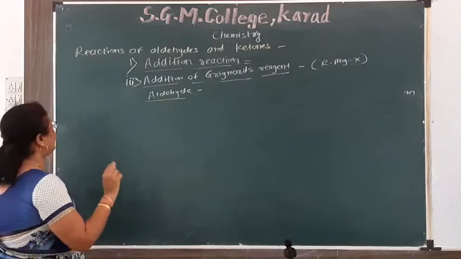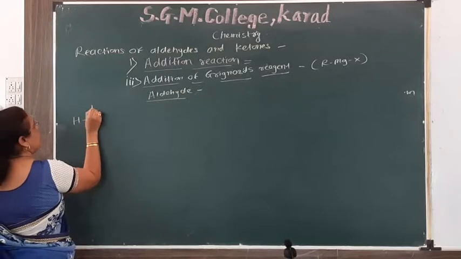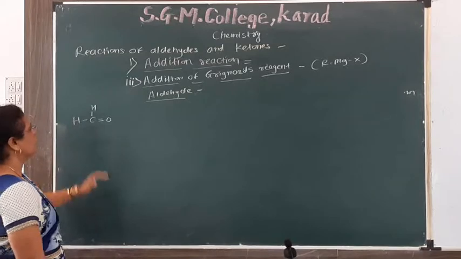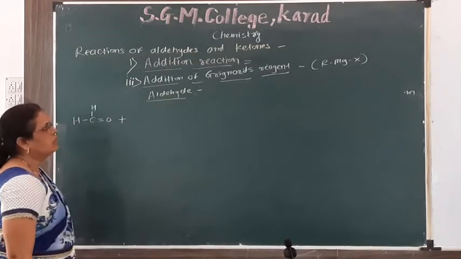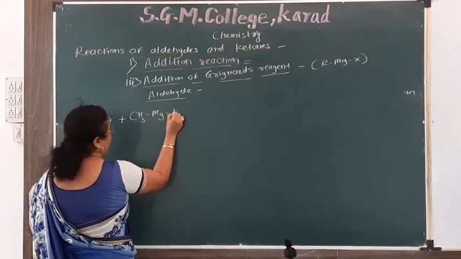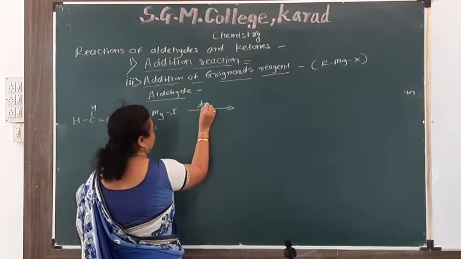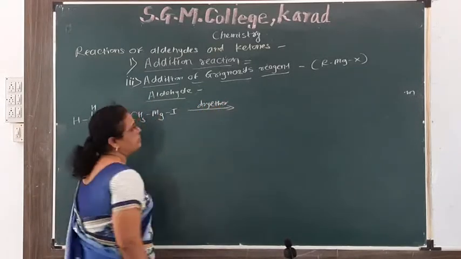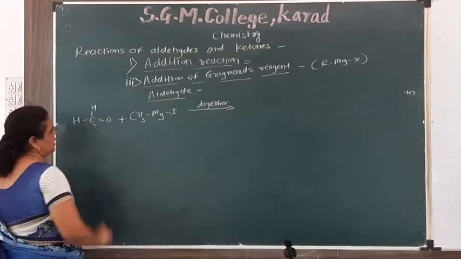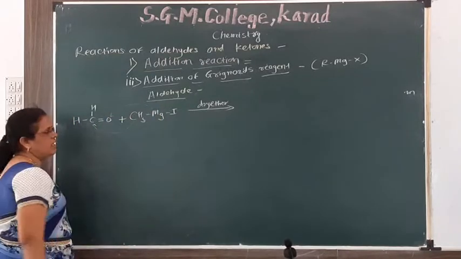For example, in case of aldehyde, take formaldehyde. The formaldehyde formula is HCH=O. Formaldehyde, when treated with a Grignard's reagent like methyl magnesium iodide in presence of dry ether, the methyl group is attached to the carbon atom and MgI is attached to the oxygen atom.